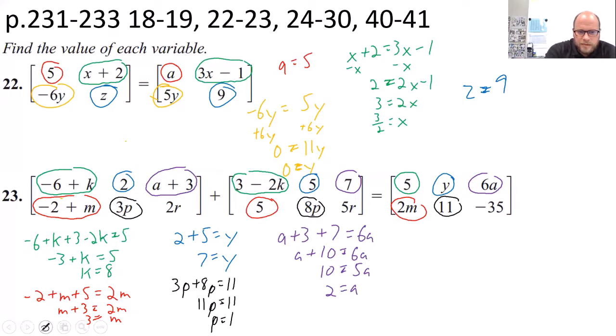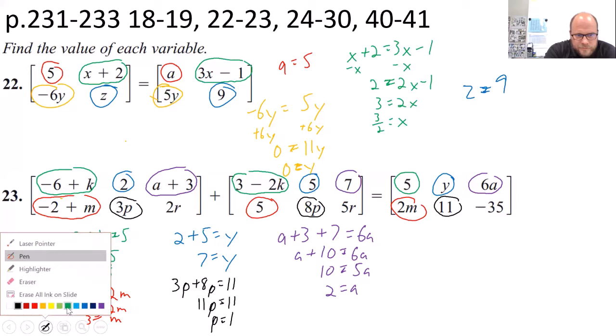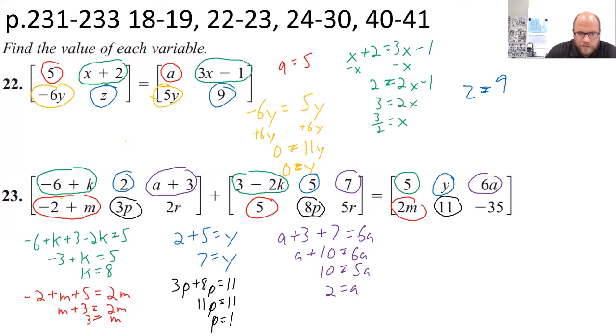And finally, the last one here, we have 2r, 5r, and -35. So 2r plus 5r equals -35. 2r and 5r add up to 7r. Divide by 7, and r is -5.